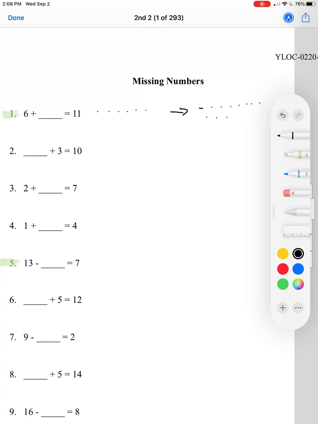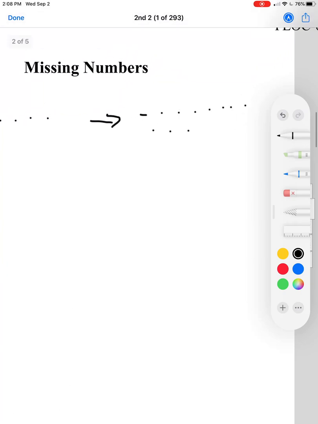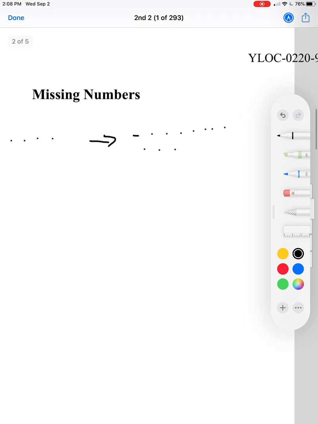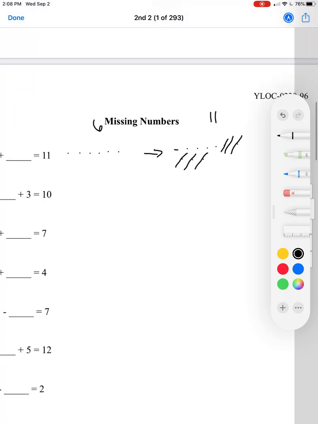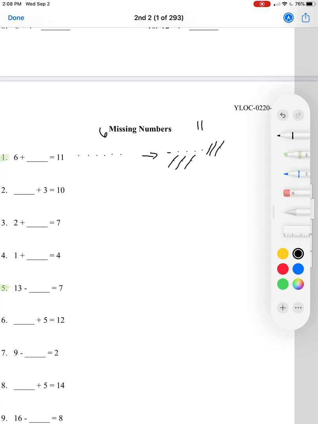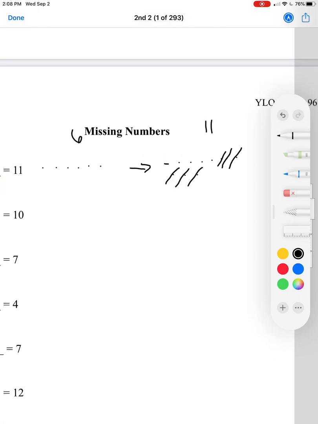So we can flip this question around again and subtract the 6 that we have. Since we have 6 here, we'll subtract the 6 from the 11 as well. This is 11, this is 6. That way we can find out how much more we need to add to the 6 to get to 11.